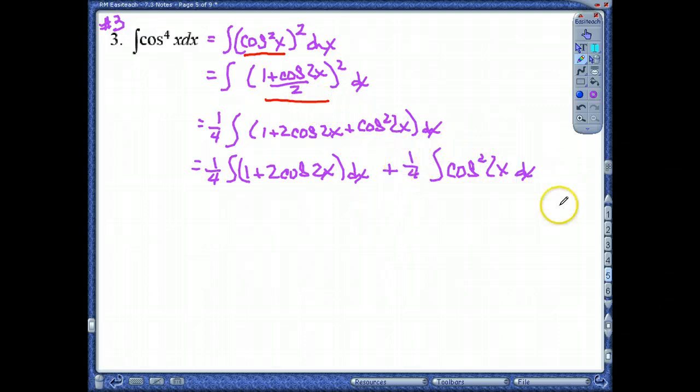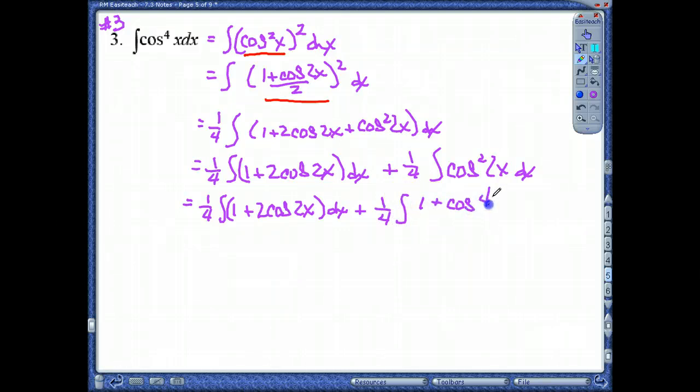Okay, so when I do that little trick again, this little guy is going to stay just like it is. This little guy I'm going to have 1/4 times my (1 plus cosine of 4x) all over 2 dx.